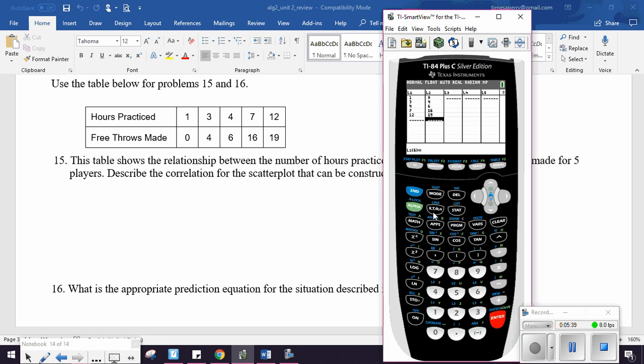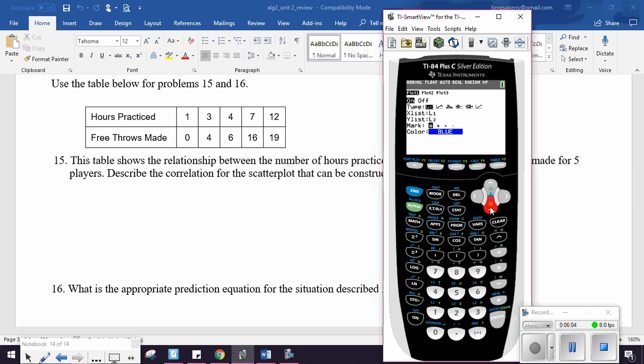Now, I'll show you how to get the plot so we can look at the data on the scatter plot. So from here, you would hit second, y equals, 1. Right now, the plots are turned off. We want to turn them on. When it says type, we want the first type, which is scatter plot.